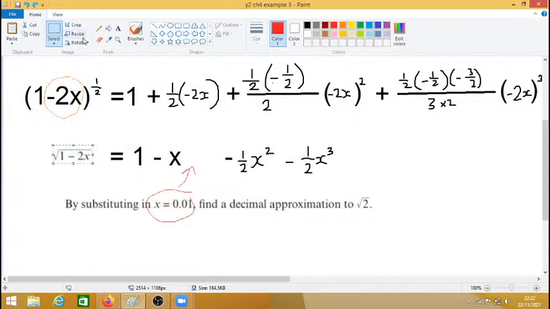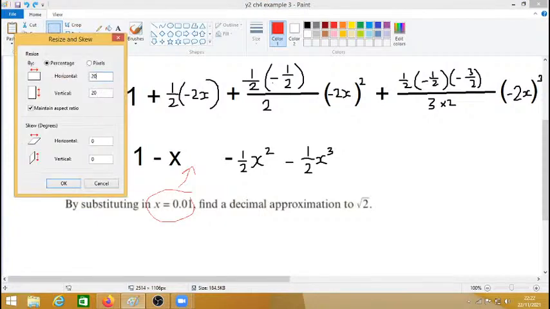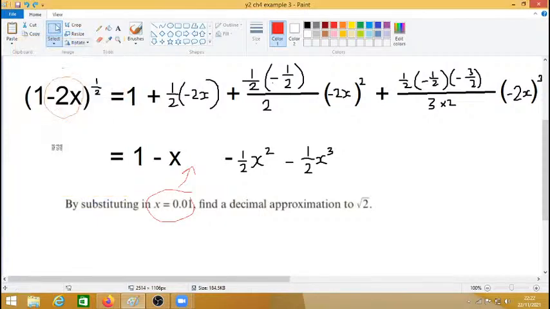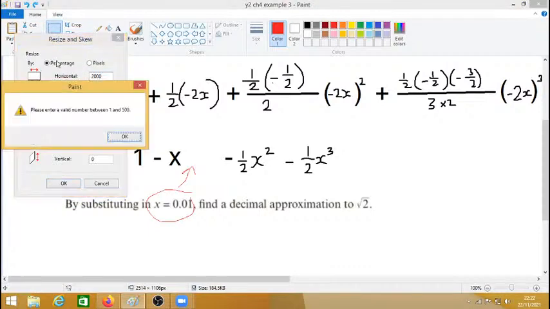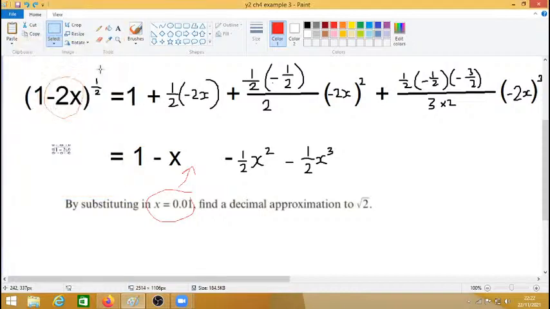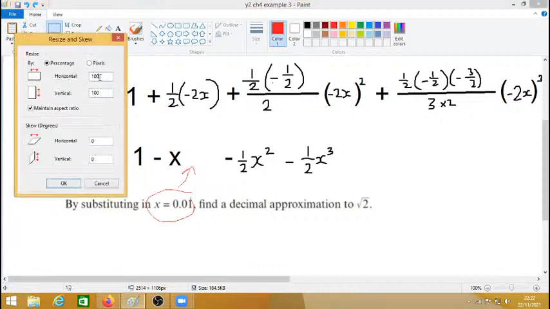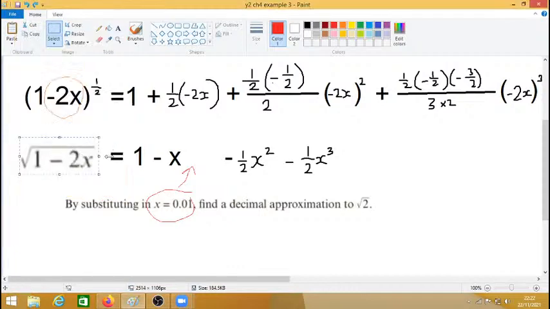And we're saying that this square root version of the question can be expanded out to this: 1 minus x minus half x squared minus half x cubed. And there are more terms, but we just didn't do them.